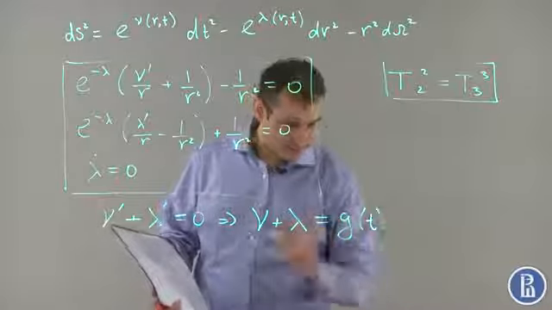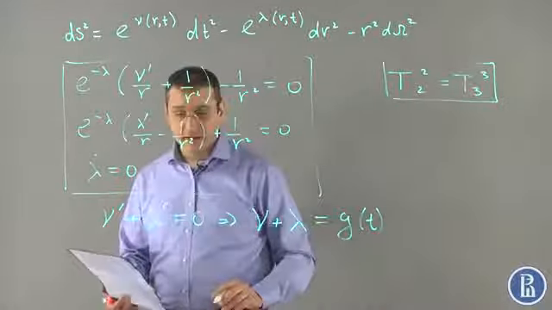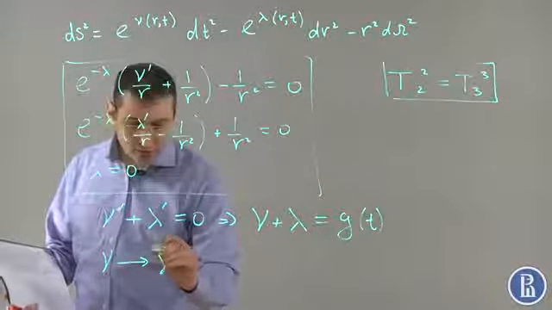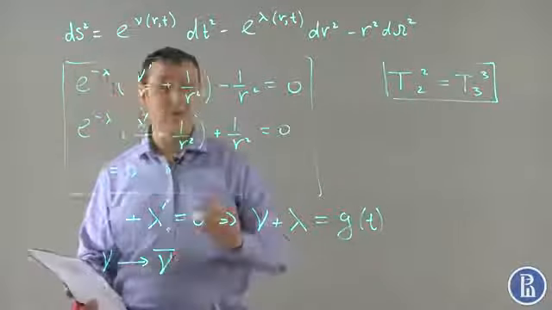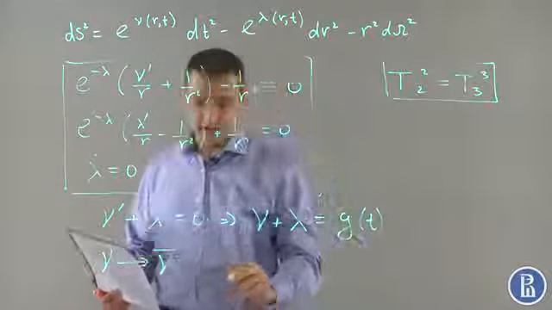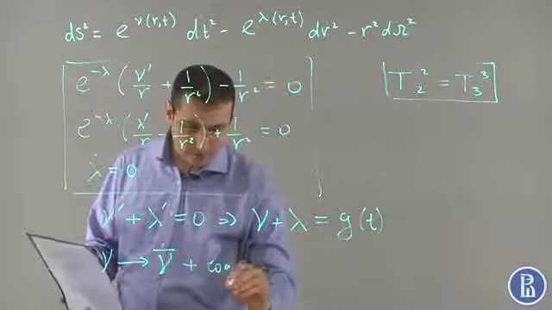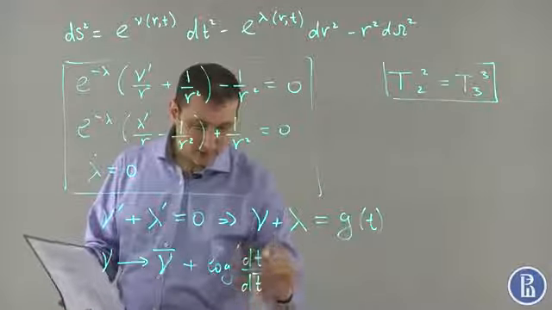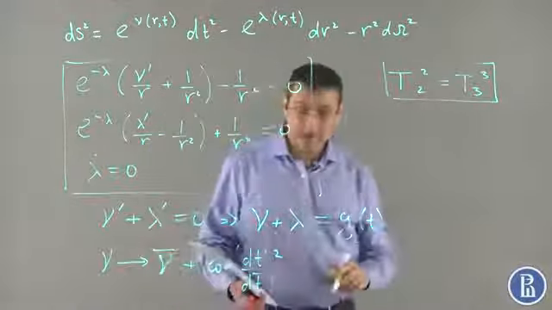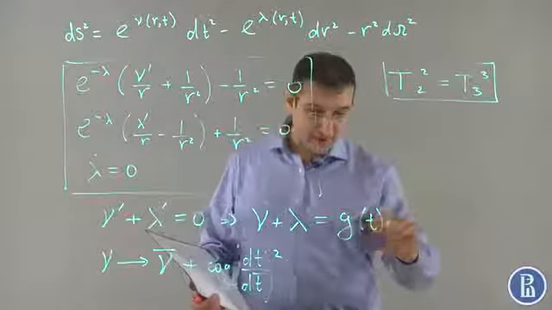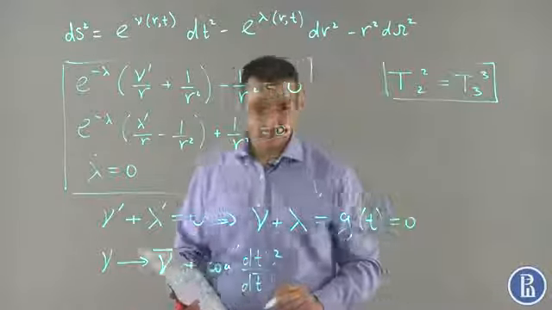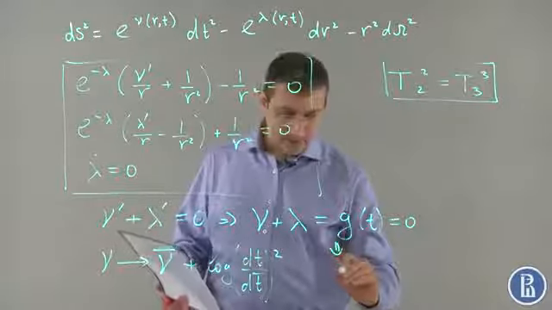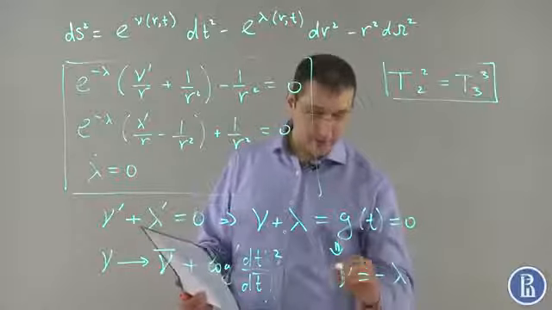But remember that we have a remaining symmetry, which respects this form of the metric, that nu is changed to nu bar plus log of (dt over dt bar) squared. So using this symmetry, one can fix this function to be 0. Then, as a result, we obtain that nu equals minus lambda.